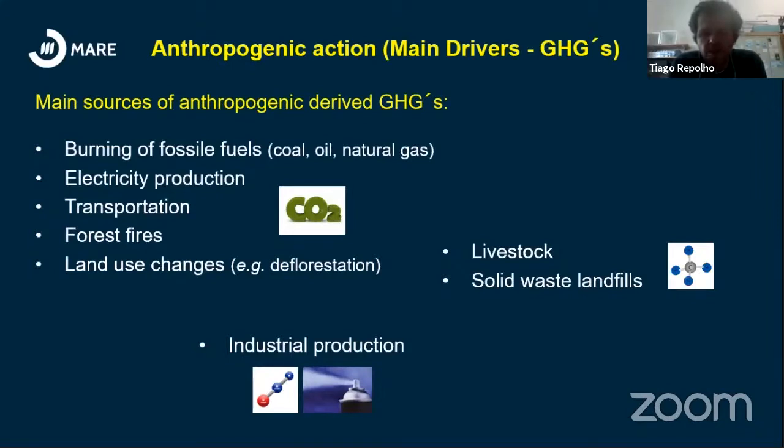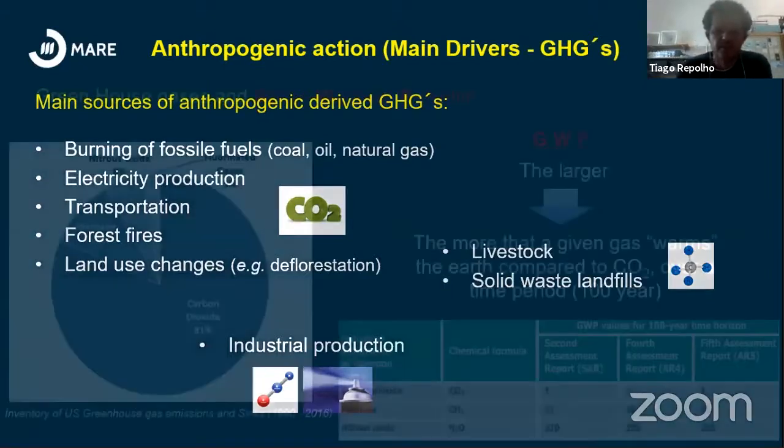In the case of methane, it's produced, sorry for the word, through livestock production and solid waste landfills. In the case of nitrous oxide and fluorinated gases, it's basically from industrial production, although we also know that nitrous oxide also comes from exhaustion from transportation.